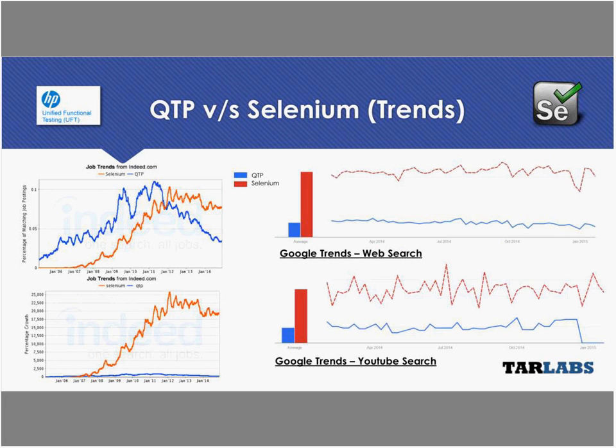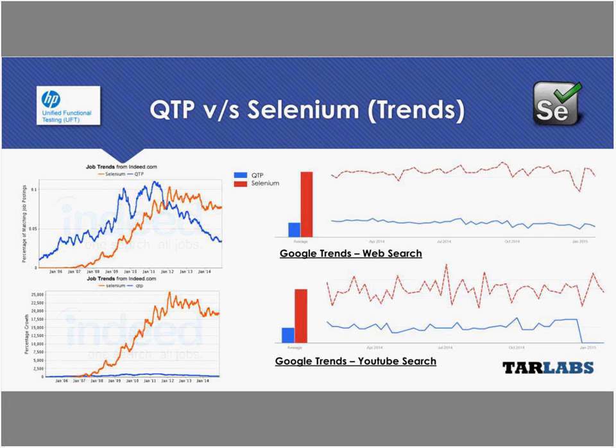Now to present some data of trends. These are real numbers. So the first graph, if you look at, is the percentage of jobs that Indeed has found for Selenium and QTP.